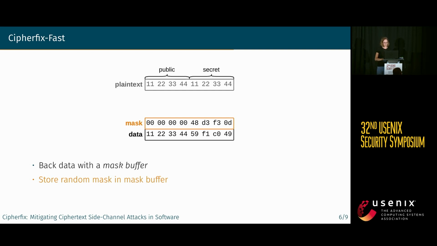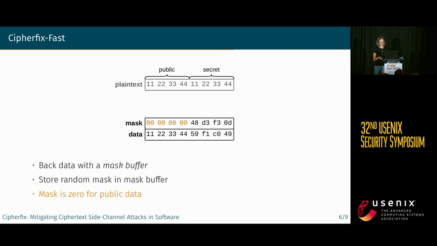And in this fast version, the way to encode that is to have 0 as a mask for public data. Because if you XOR anything with 0, you will get your anything back. But for the secret data, we can just put random values in it. Well, not really random, because we have to exclude the 0.